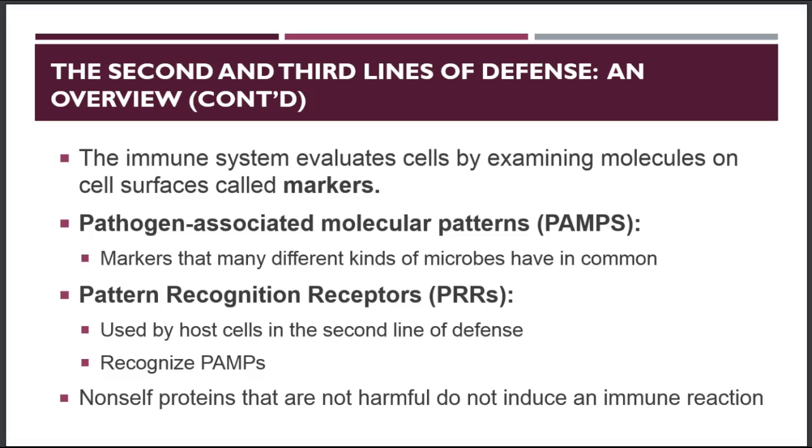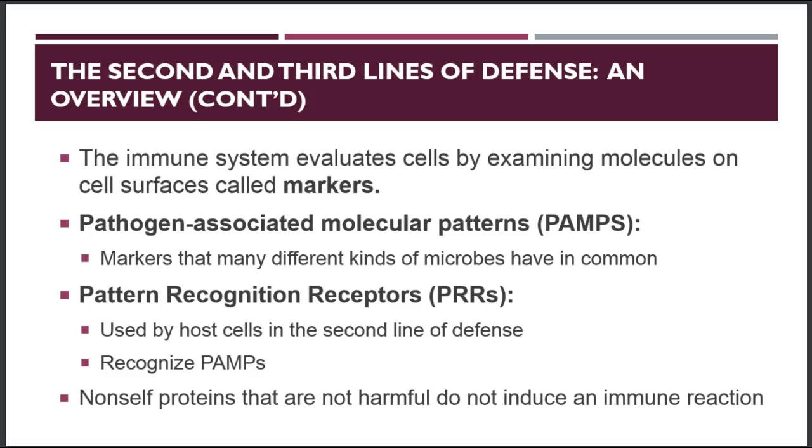The immune system evaluates cells in the body by examining molecules on cell surfaces, and these molecules are called markers. And there are certain markers that we find on our own cells that identify those cells as self. And then microbes also carry their own markers.